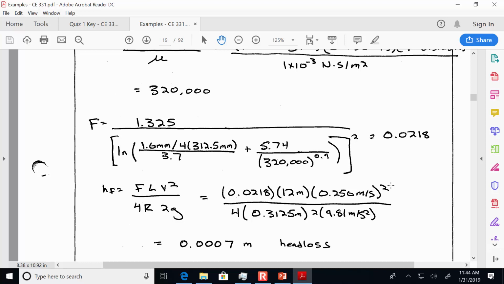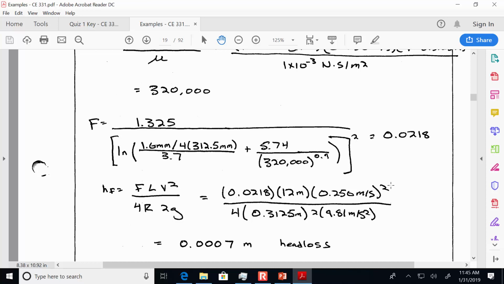So it needs to be unitless, and I have my equivalent sand roughness in 1.6 millimeters. So either I have to convert the 1.6 millimeters into meters, and then I can use the hydraulic radius as I had calculated it, or I have to convert the hydraulic radius to millimeters, which is what I did and which is what's on the screen there.